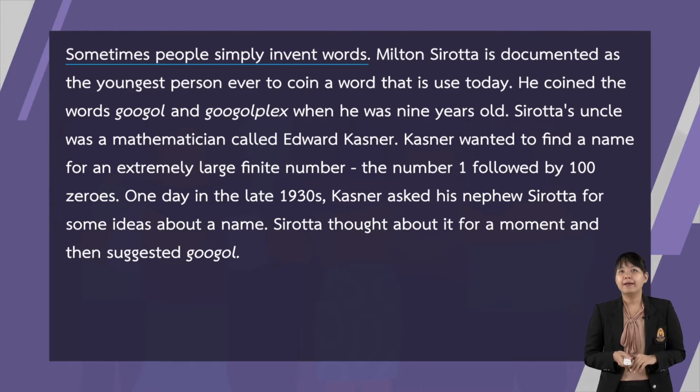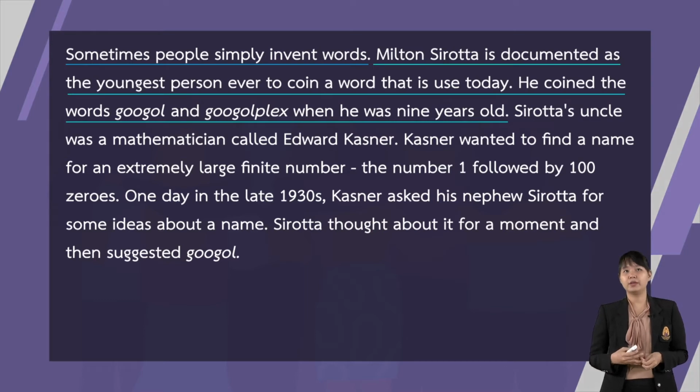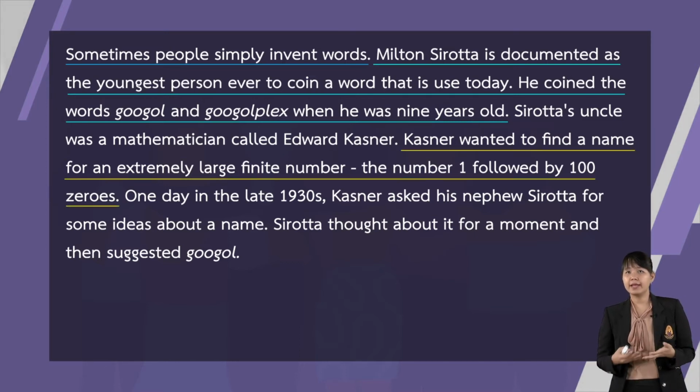Third paragraph. The first sentence: sometimes people simply invent words. This is a way words enter a language. Milton Sirota is documented as the youngest person ever to coin a word that is used today. He coined the words Googol and Googolplex when he was 9 years old. Kasner wanted to find a name for an extremely large finite number, 1 followed by 100 zeros.